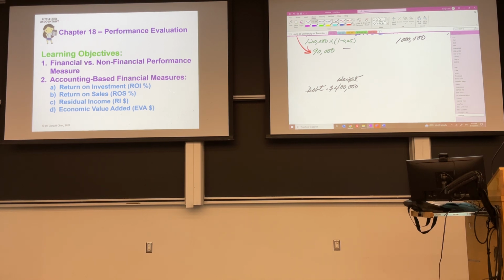Now I'm going to issue new shares, because the company does not have enough money to invest $1 million from the savings. So I'm going to raise $500,000. The rest I'm going to get from retained earnings, our own savings, $100,000. So altogether it is $1 million.